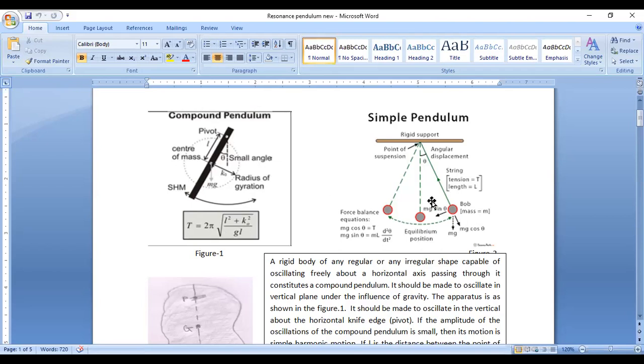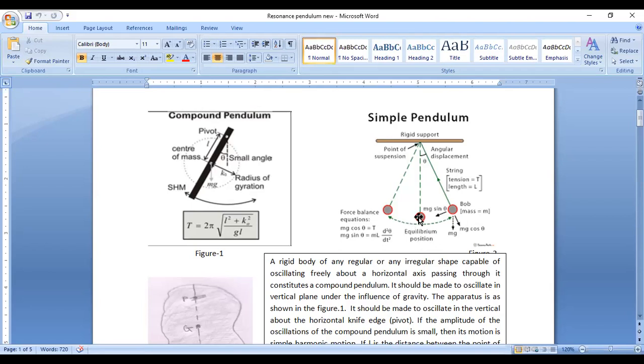In case of a simple pendulum, you remember its periodic time is given by 2 pi into square root of L over g, where L is the length of the simple pendulum and g is the acceleration due to gravity, which you have already calculated in your previous classes. Here, the periodic time of a simple pendulum depends only upon the length of the pendulum.